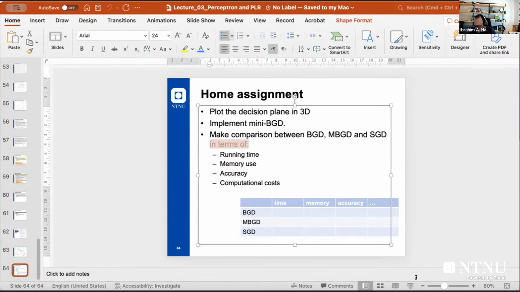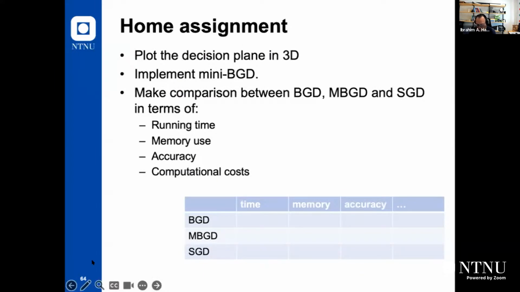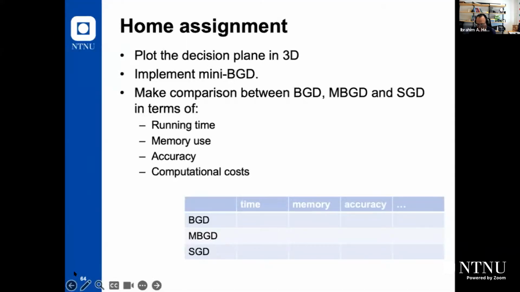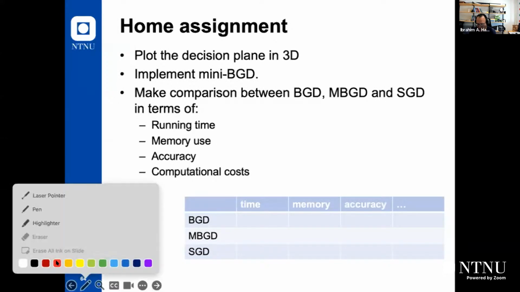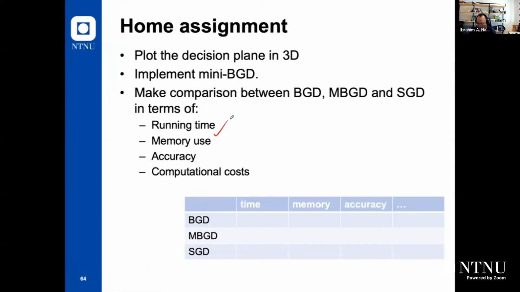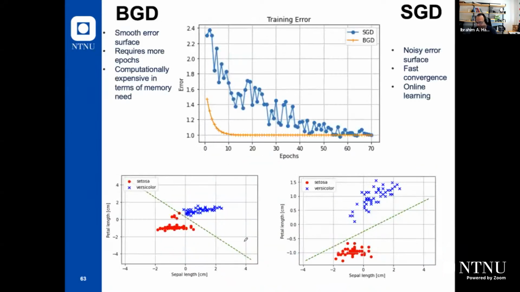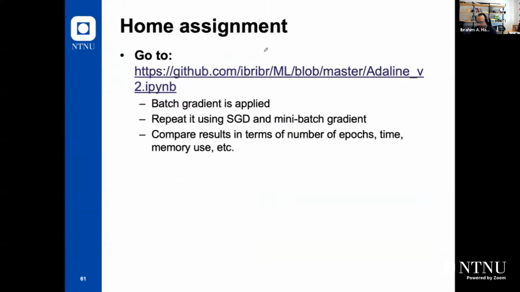We need a table covering running time, memory use, accuracy, and computational cost, comparing batch gradient, mini batch gradient, and stochastic gradient descent.